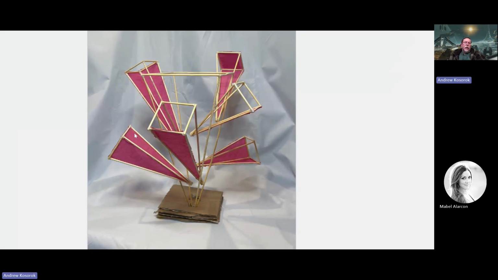Another thing that I really like is you look on each of these pieces and they have one or two pieces of skin on them, but they're not always in the same place. Like this pyramid and this pyramid, the one that's pointing towards us, they both have the skin in the same place. The two ones at the very bottom both have the skin in the same place. And this one in the back looks like it has the skin in the same place as the two bottom ones.